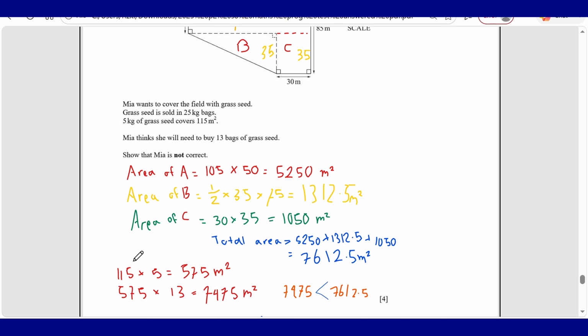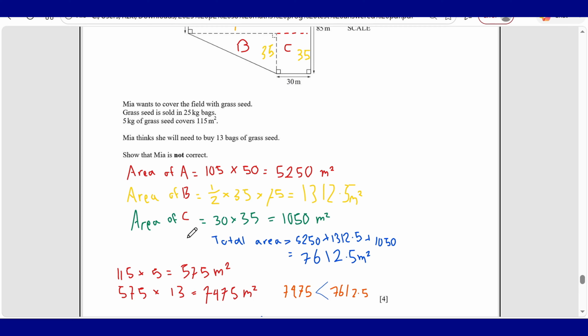So 115 square meters times 5, one bag can cover 575 square meters. 5 kg covers this much, so 25 kg will be able to cover 115 times 5 to get 575 square meters. That is the area covered by one bag.